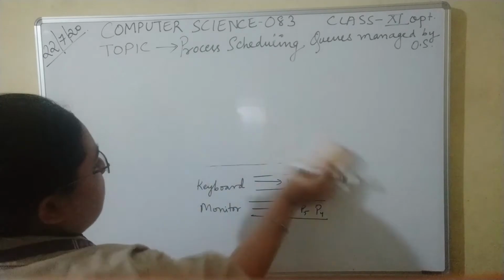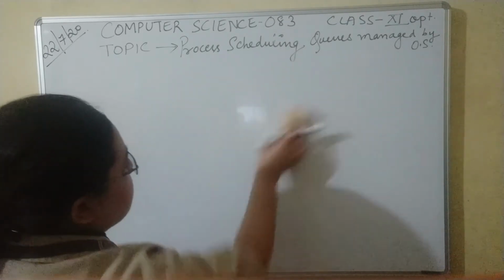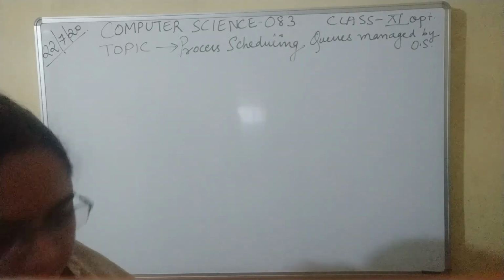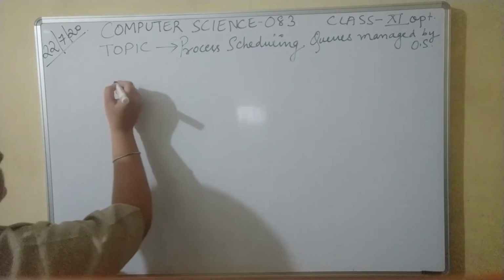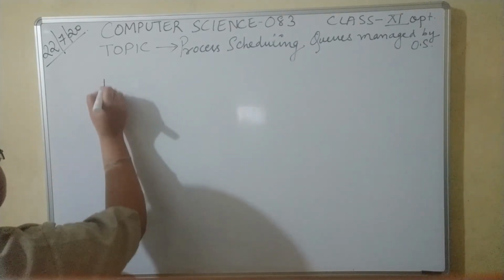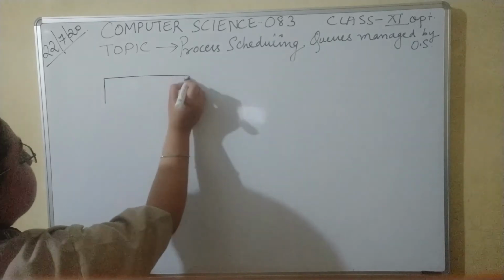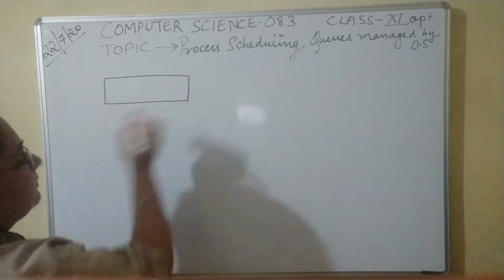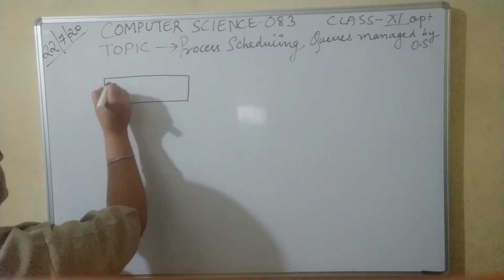Now we will understand how your CPU handles these different queues. At the very beginning, we have the ready queue.